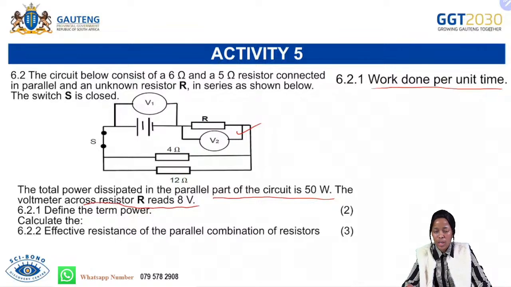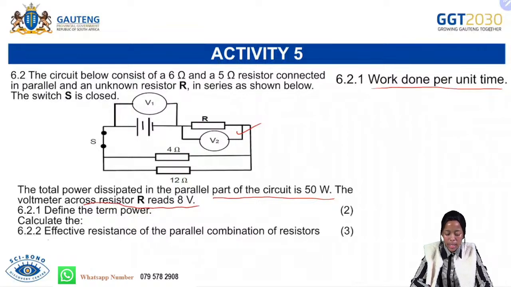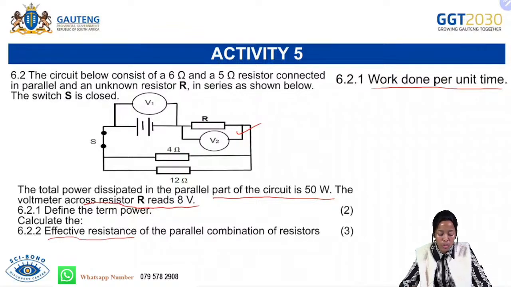So with this one, when they say effective resistance, they are just saying that you need to calculate the total resistance. So the word effective simply means that you calculate the total resistance in the parallel combination. So just make sure that you know how to calculate the total resistance.